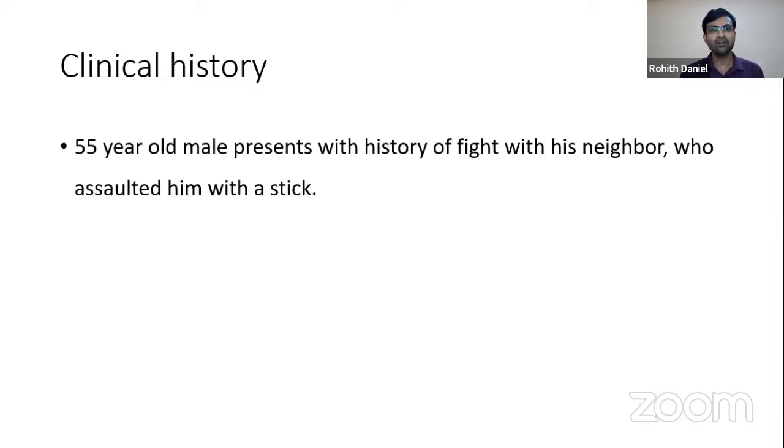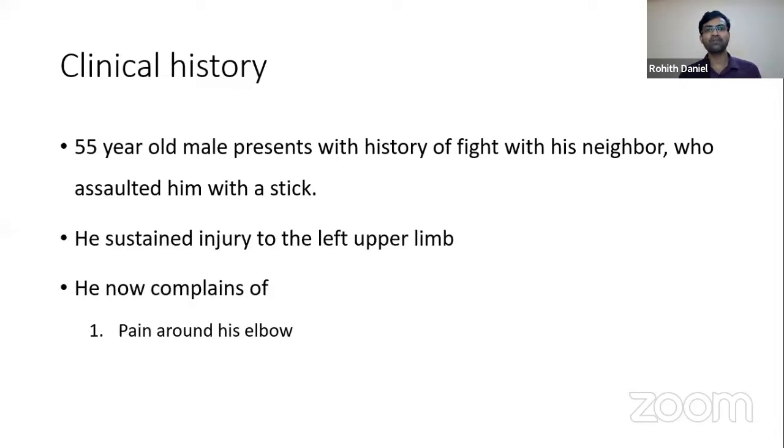He said that over a very small matter, he had a fight with his neighbor. Initially, it started off as a verbal abuse among each other. Then it quickly escalated into a fight. And the neighbor assaulted my patient with a stick. And he has come with an injury to his left upper limb. That is the clinical history. Assault by neighbor, and he has sustained an injury to his left upper limb.